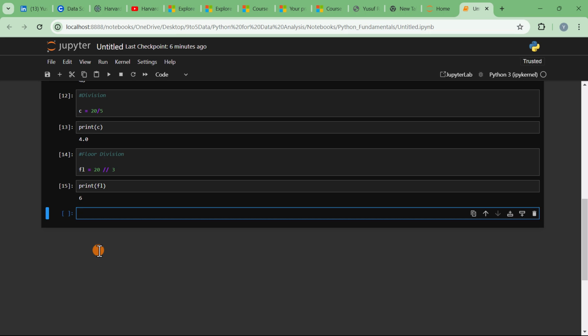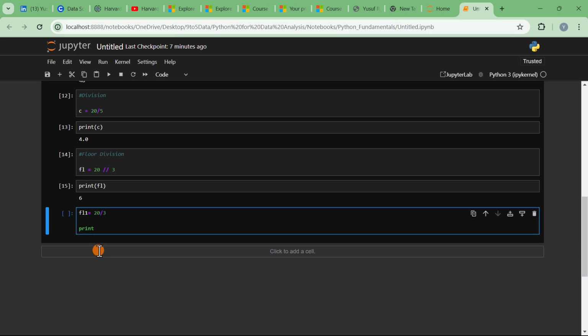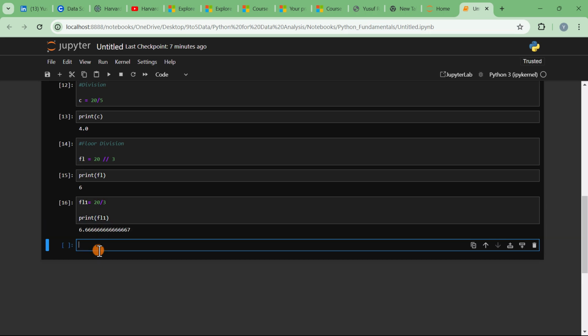The floor division returns the whole number of a division result, because 20 divided by 3 does not give us a whole number of 6; it is going to have a recurring decimal at the end. Do you understand now? If we do fl1 equals 20 divided by 3 and print fl1, we can see it's 6.6666. So the floor division returns the whole number of a division result.